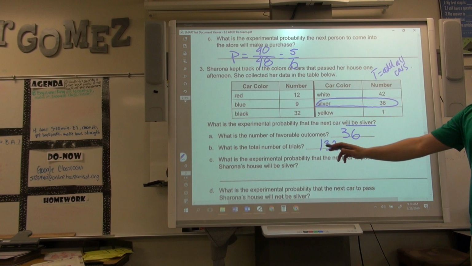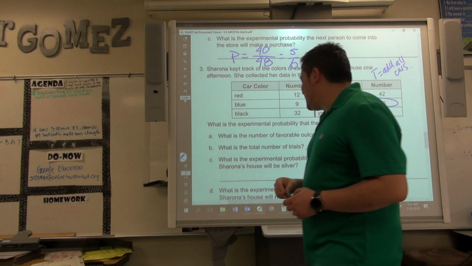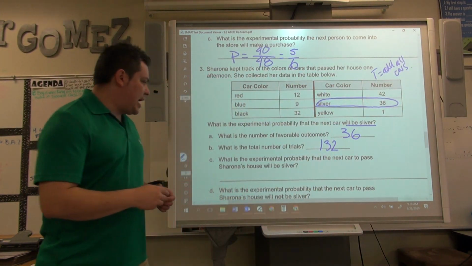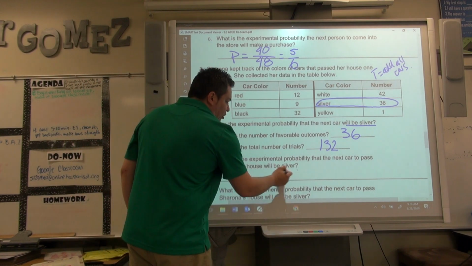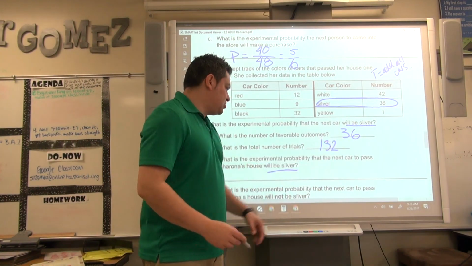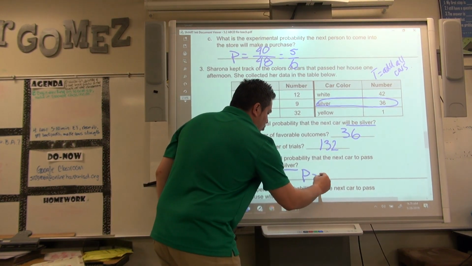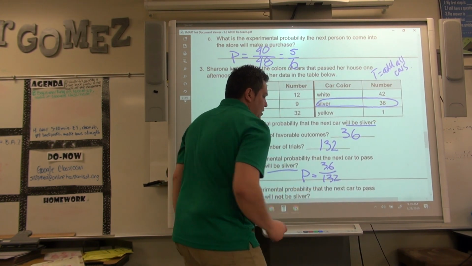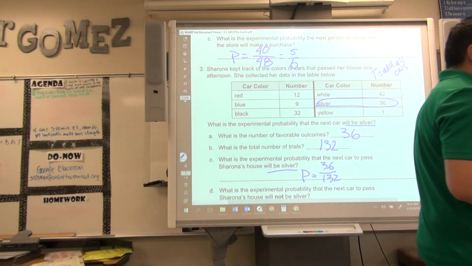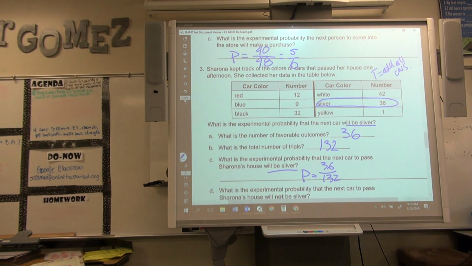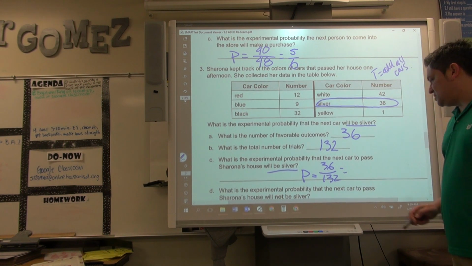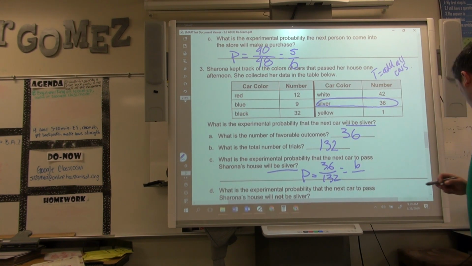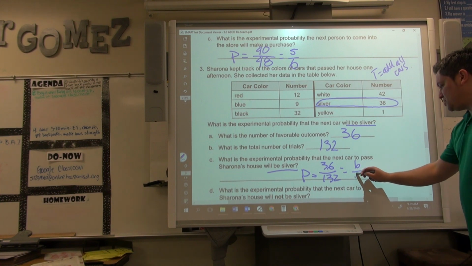Now, what is the experimental probability that the next car that passes through the house will also be silver? We have the two numbers that we just have to put into an equation. P equals 36 over 132. Then you can go ahead and simplify. I divided both of these by 6 and got 6 over 22.